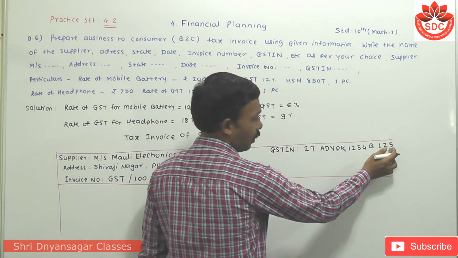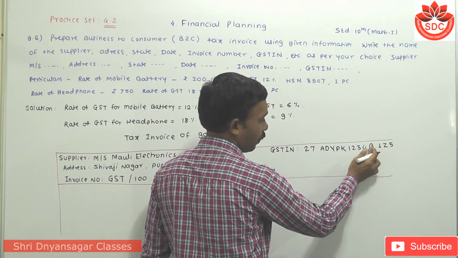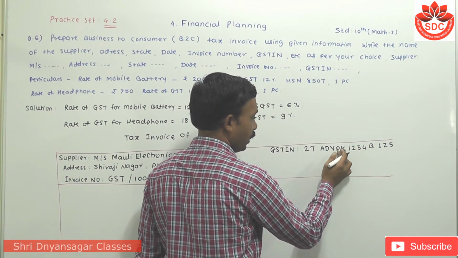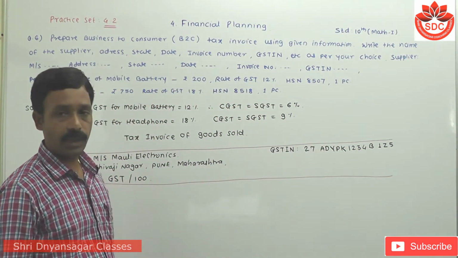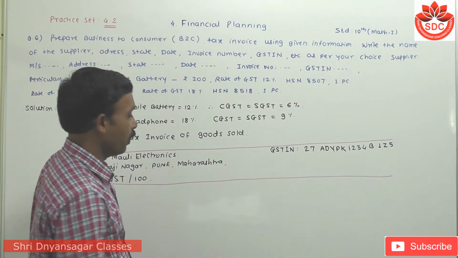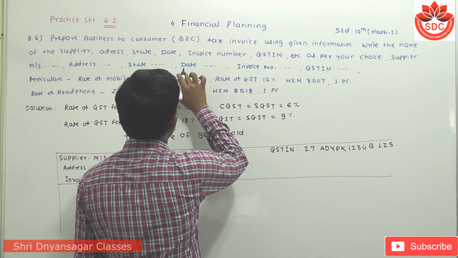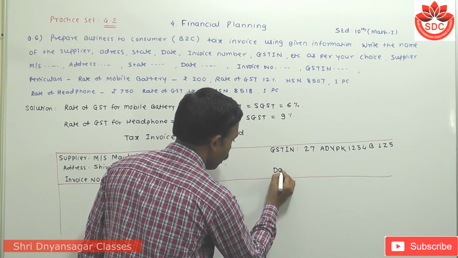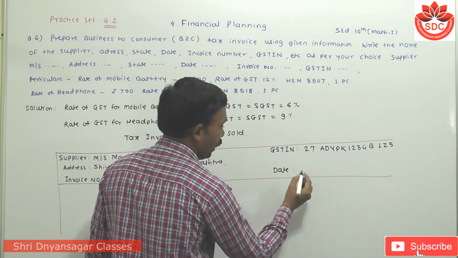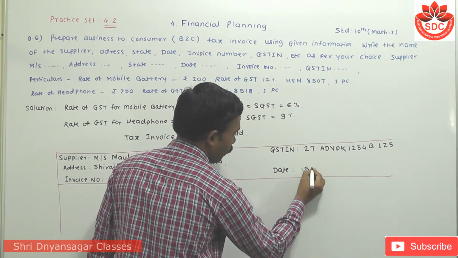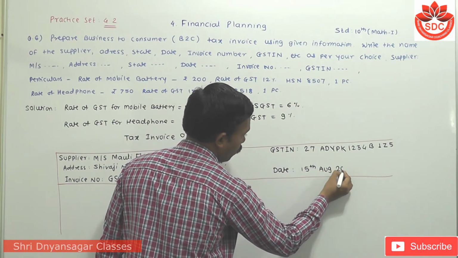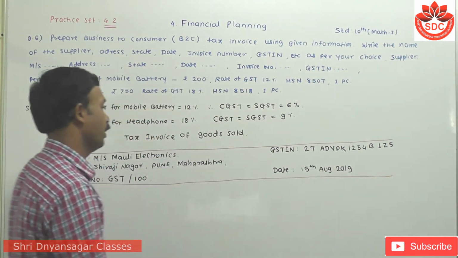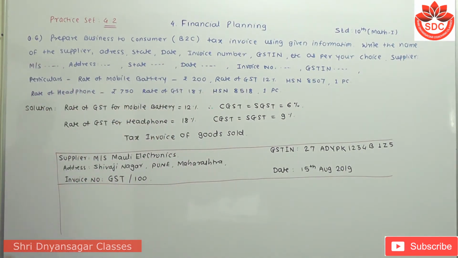Now look here, there are a total of 15 characters. This is the GSTN number. Then we write the date. We take any date, suppose 15 August 2019.